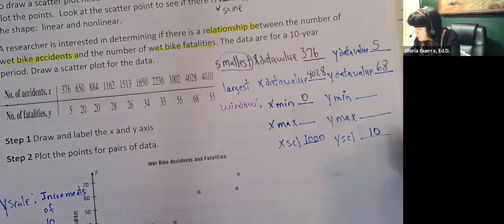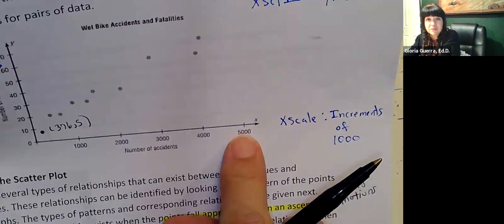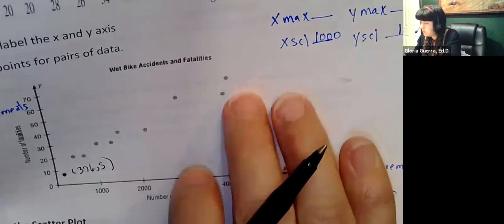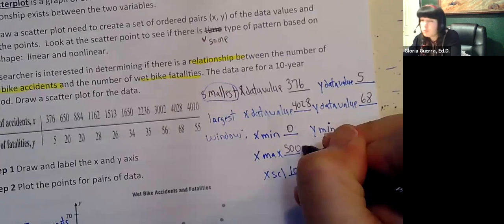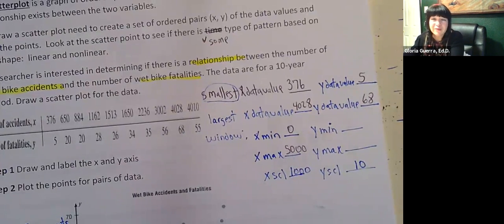Okay, you can see what they did was they went out to 5,000. They made it bigger so that you have some window space there. So they made it 5,000. But don't make it like one notch bigger. Don't say 4,029. That doesn't give you enough window space.